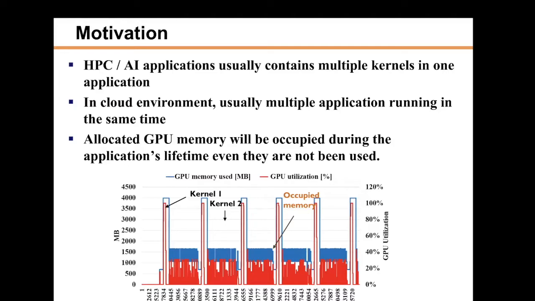As shown in this picture, there are two kernels in the application, kernel 1 and kernel 2. Kernel 1 runs rarely but consumes much more GPU memory, and kernel 2 is the opposite: it runs very often but consumes less GPU memory. As a motivation, we are thinking about removing data that will not be used immediately to make space for other kernels, and bringing it back only when it is used again.